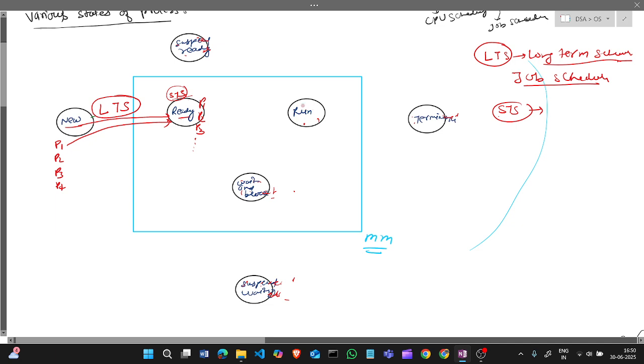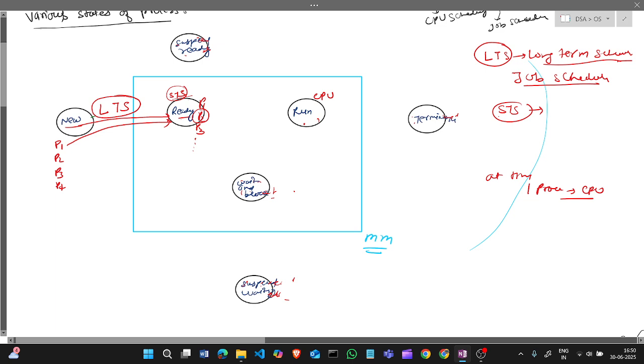Execution is happening in the run state. So out of these, which process is going to take the CPU? Run means CPU. At one time only one process is running inside the CPU. So the short term scheduler is choosing the process which is going to run.